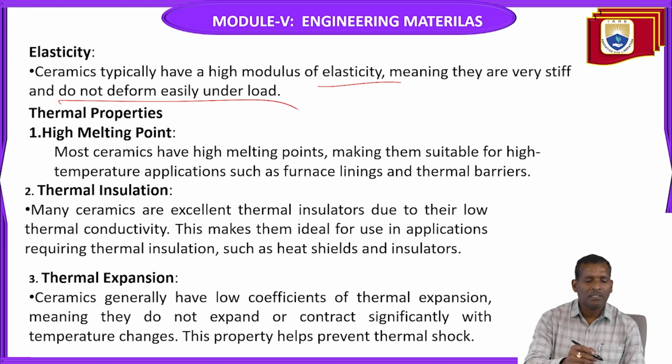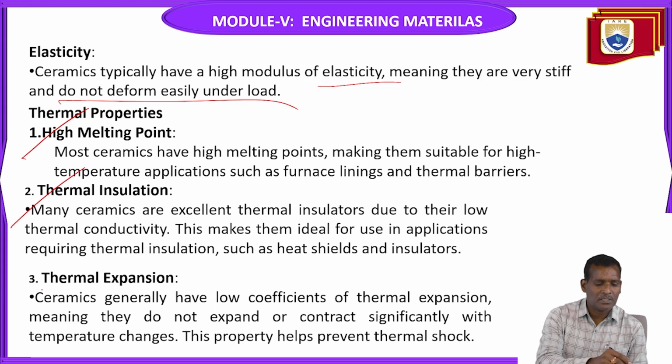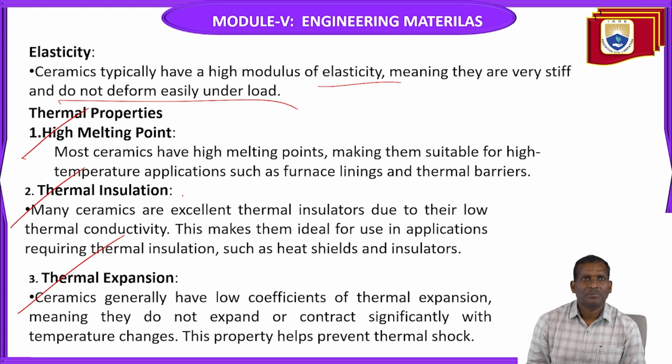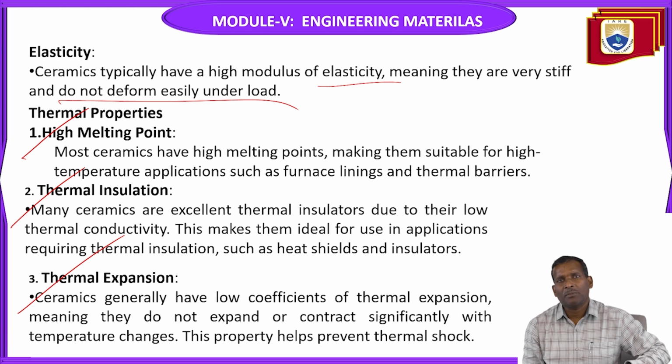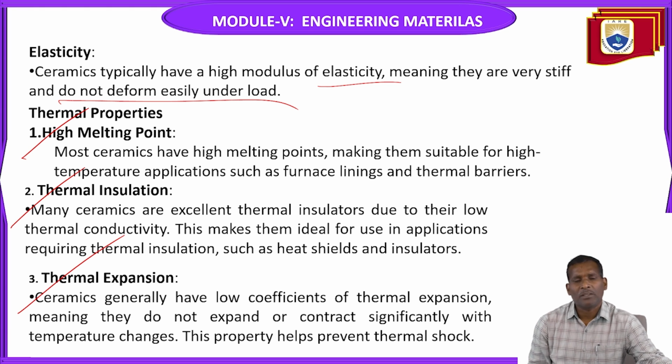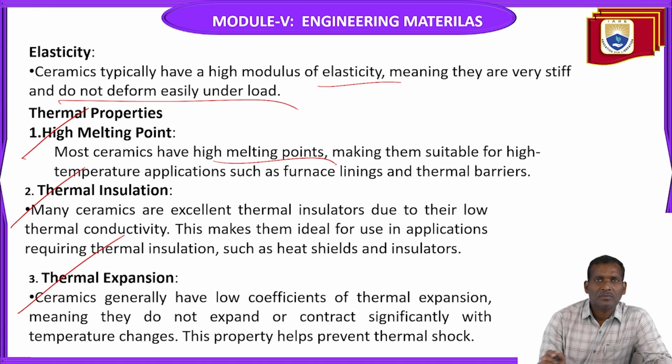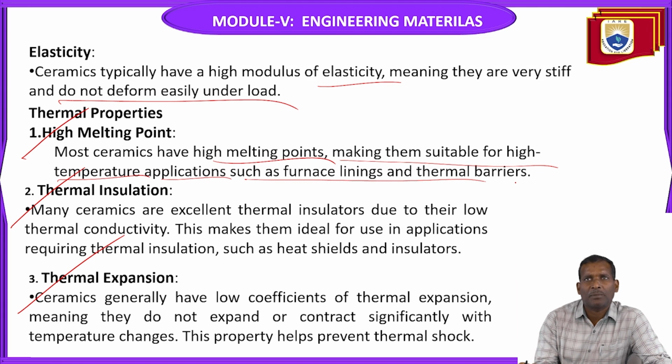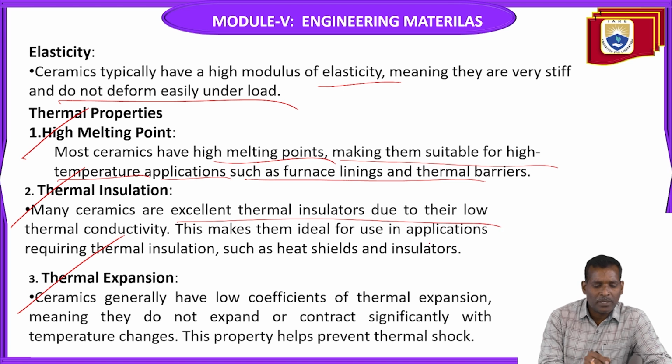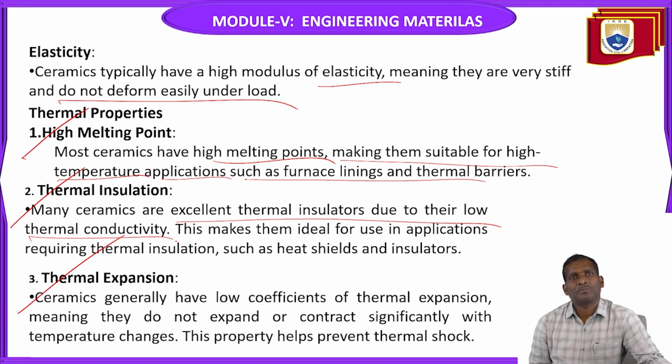Thermal properties: high melting point, thermal insulation, and thermal expansion. Most ceramics have high melting points, making them suitable for high temperature applications such as furnace linings and thermal barriers. Thermal insulation: many ceramics are excellent thermal insulators due to their low thermal conductivity.